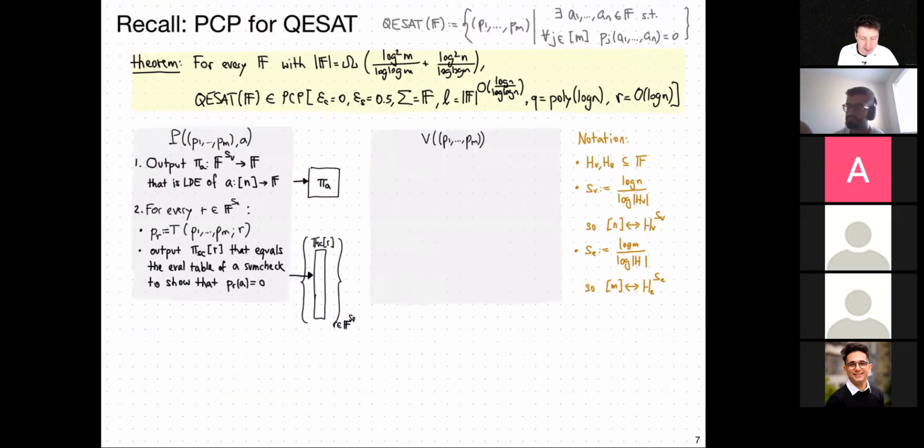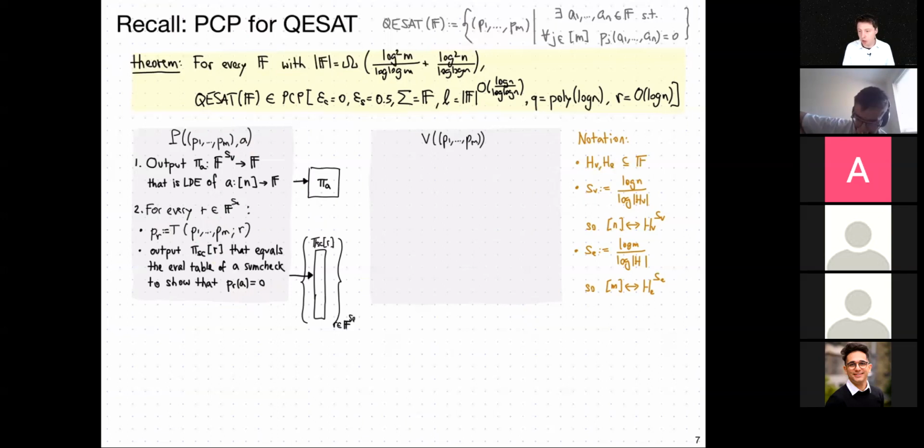The prover was basically saying, let me low-degree extend the assignment, so here's the low-degree extension output. Then for every possible choice of a certain random string, it was bundling up m equations into one quadratic equation and outputting a sum-check tree for the claim that this quadratic equation at A, the candidate assignment, is 0.